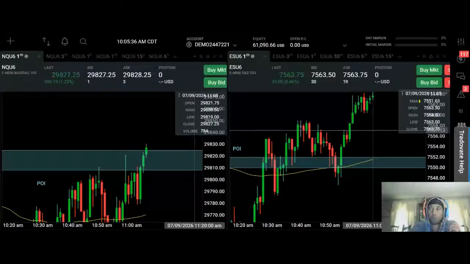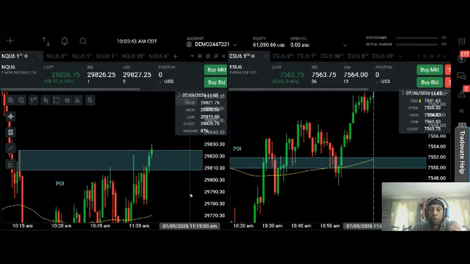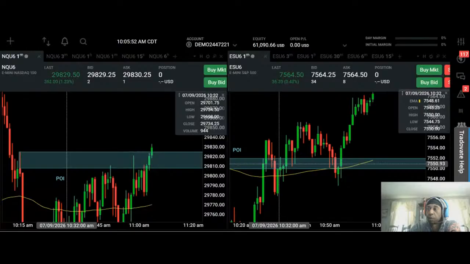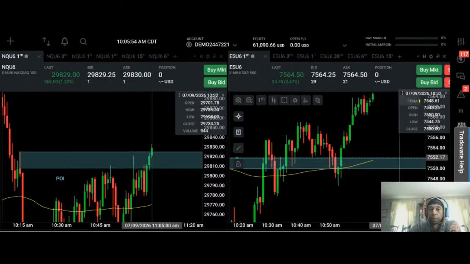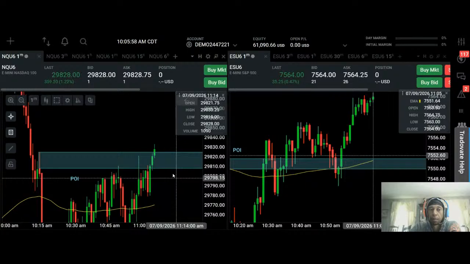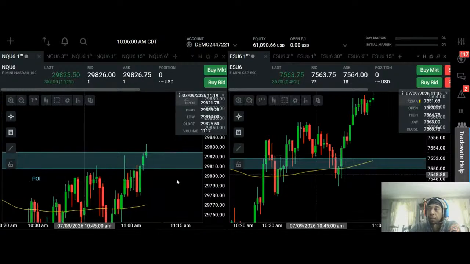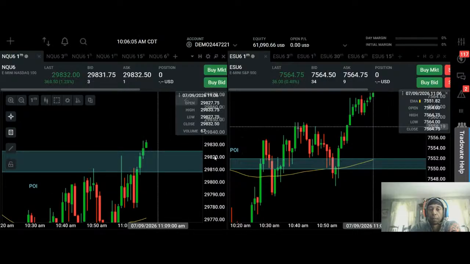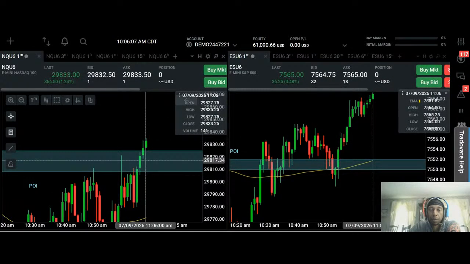All right, so they kicked me out of it. It didn't close above the box yet, bro. If it closes above, I'll wait for a retest back into it, then I'll take it up if it keeps going, but the retest is important to me. Definitely retest. 1107 candle.